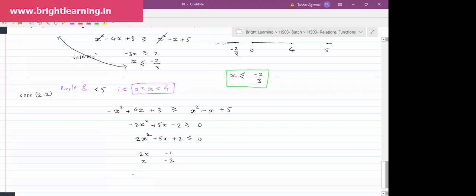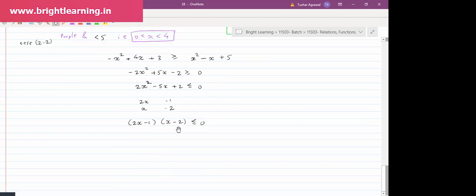So the factorization is 2x minus 1, x minus 2 less than or equal to 0. So the graph is something like this. One root is 1 by 2, another root is 2. I want less than or equal to 0. So this is my required interval. So x should be between 1 by 2 to 2, and both the points will be included.